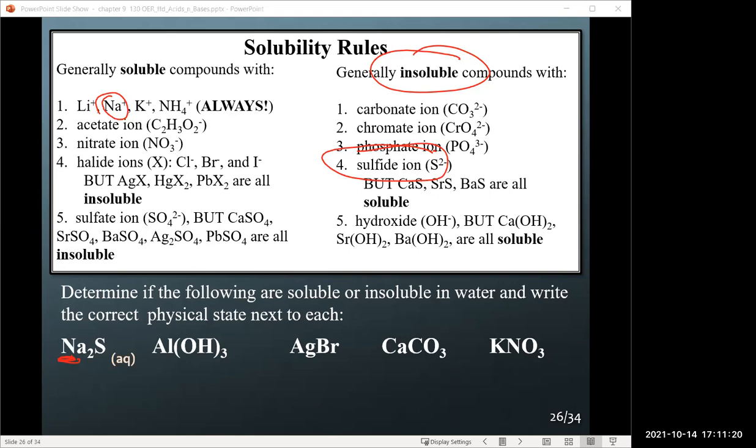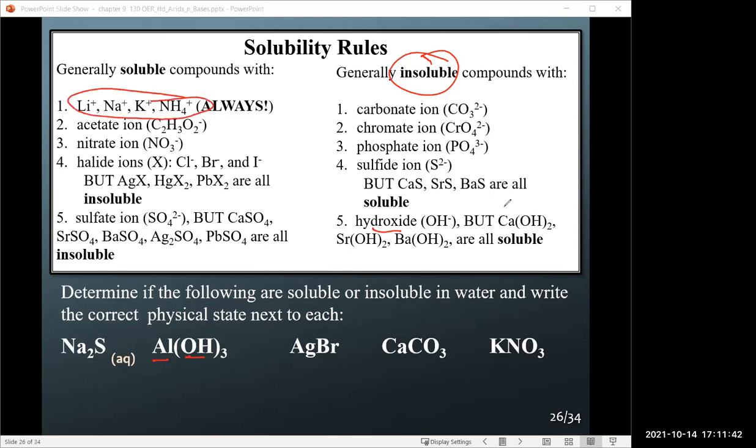Okay, let me clear the table here. We have aluminum hydroxide. All right, so we look at the hydroxides. They are in the insoluble column, and we're dealing with aluminum. Well, there are only 7 examples of aluminum that are soluble.